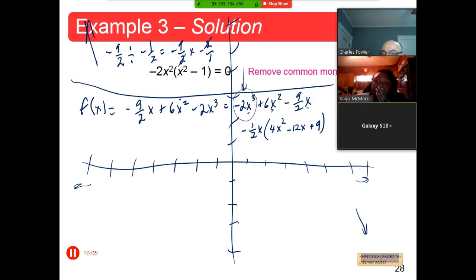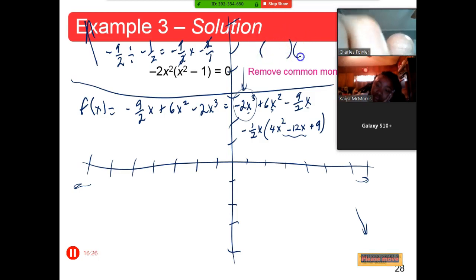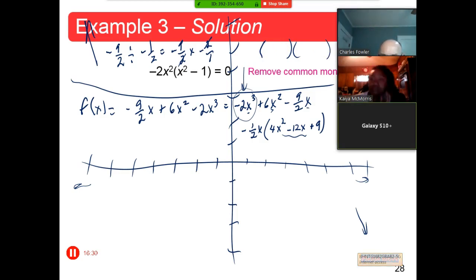So now let's try to analyze it. The first question is, can we factor this any further? How would you choose to do it? Anyone want to make a guess? Just this part in parentheses.